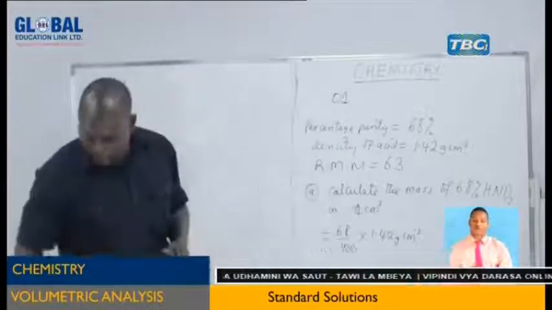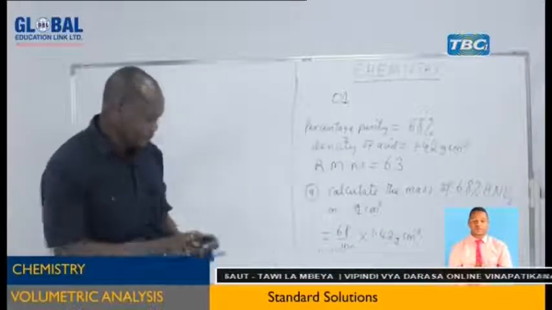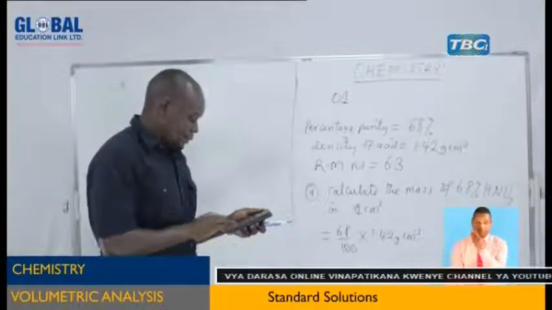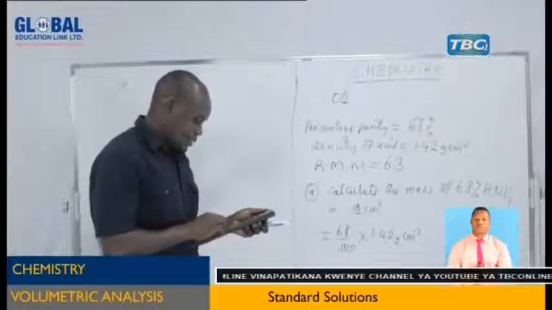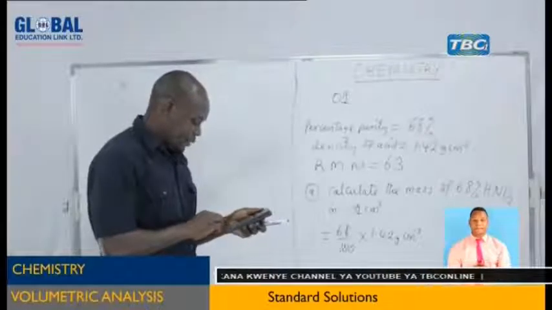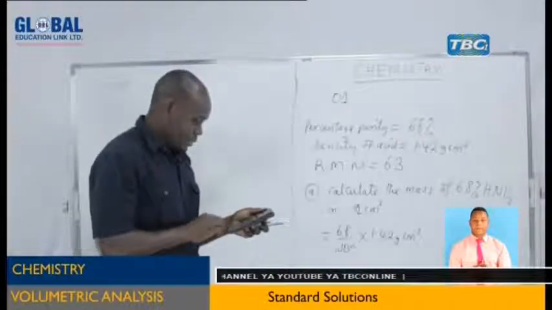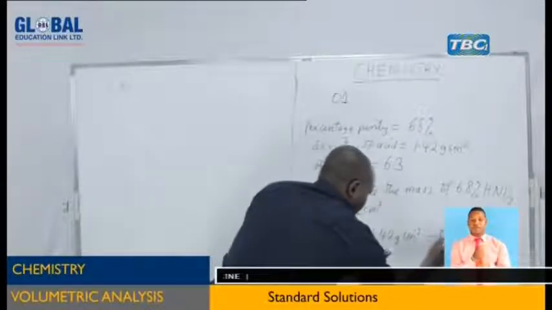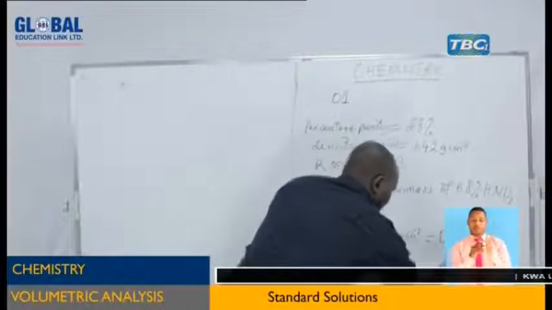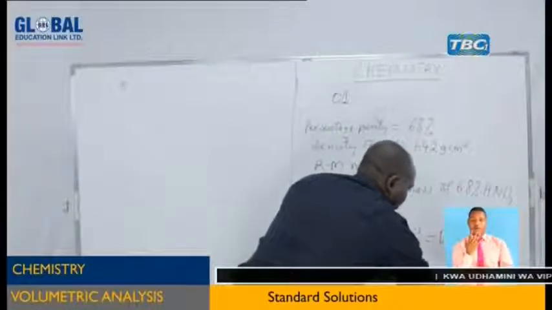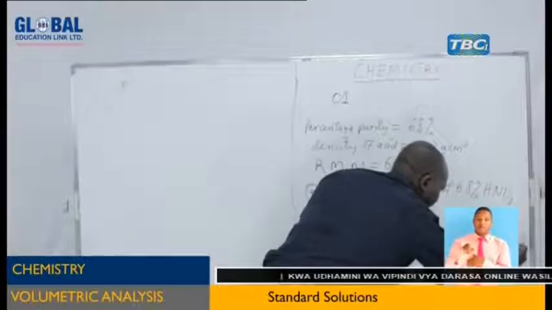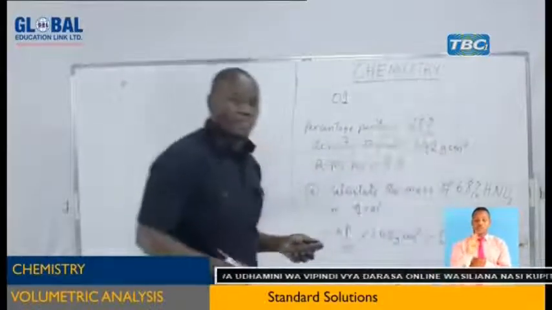So my dear students, if you now take your calculator, you will have 68 divided by 100, then times 1.42. The answer that you get is 0.9656. So this is the gram present in 1 cubic centimeter.